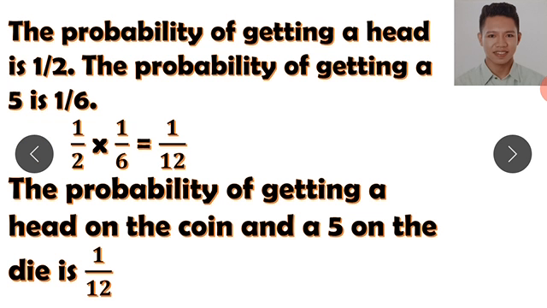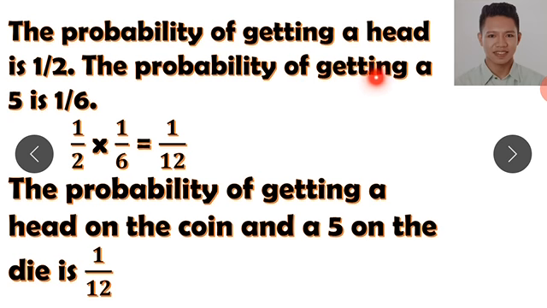The question is, what is the probability of getting a head and a 5? The probability of getting a head is 1/2, since the outcome of tossing a coin can only be head or tail. So the numerator is 1 for head, and the denominator is the total number of outcomes, which is 2, head or tail.